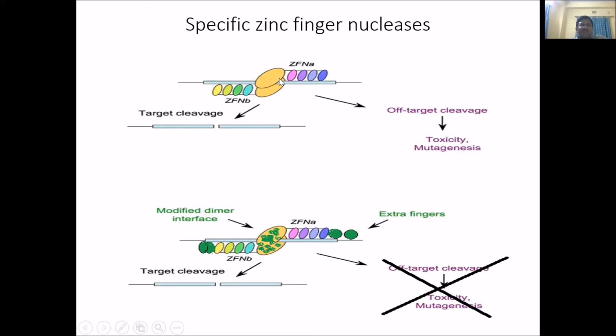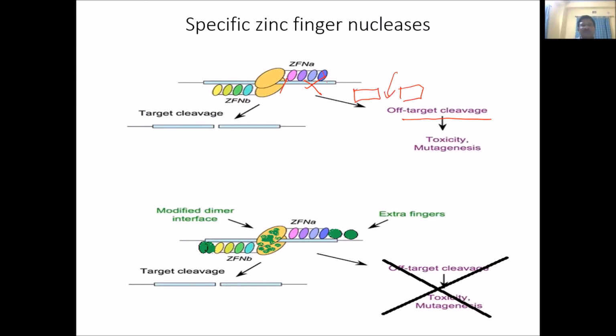Now, generally what happens, these DNA binding proteins, when they bind the target nucleic acid molecule, they provide cleavages as well as some off-target cleavages. That means if this is the target, then target cleavage along with some off-target cleavage like this area will also be cleaved out. So whenever this is cleaved into two parts, there is a chance of insertional mutagenesis here.